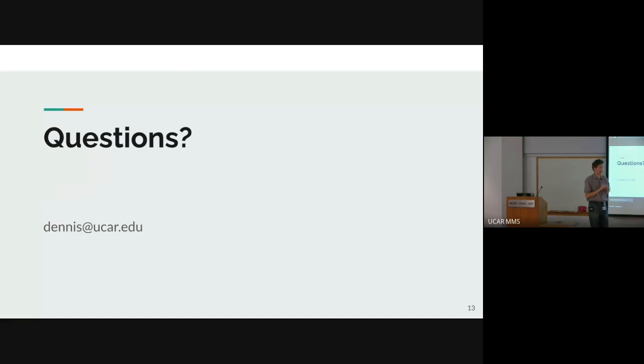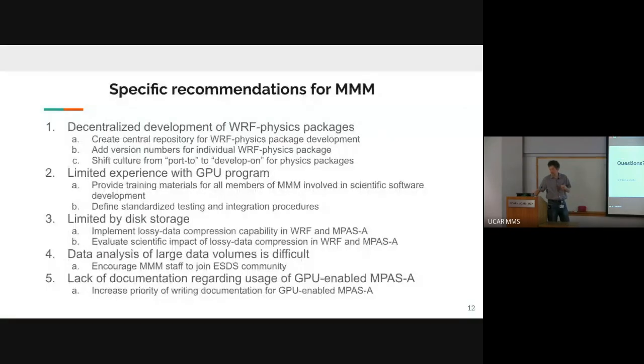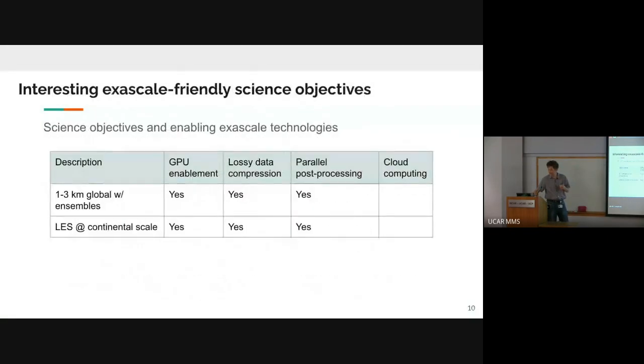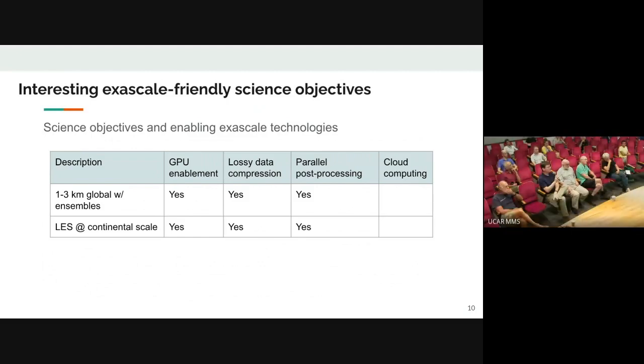The science objectives are the ability to do 1 to 3 kilometer global simulations with ensembles, and with increasingly long timescales, or LES at continental scale. Okay, that leads nicely into the question I was about to ask, so I'll go ahead and ask it.